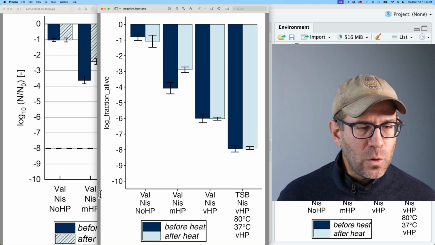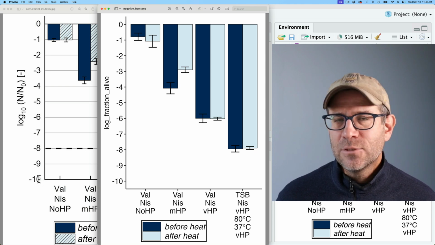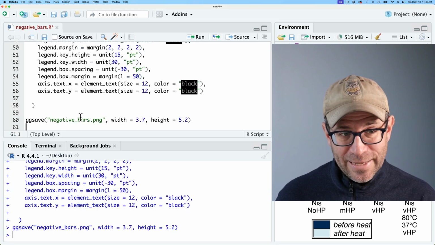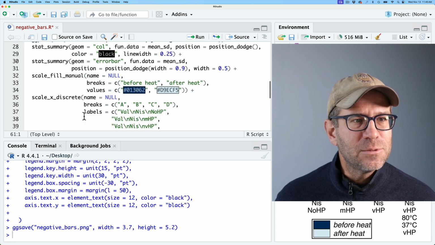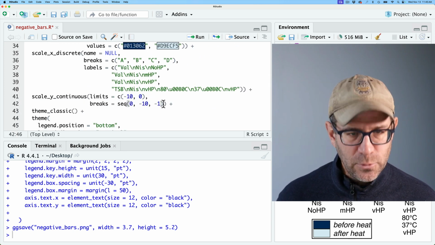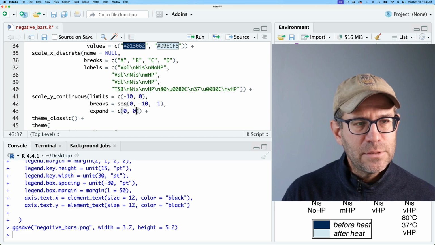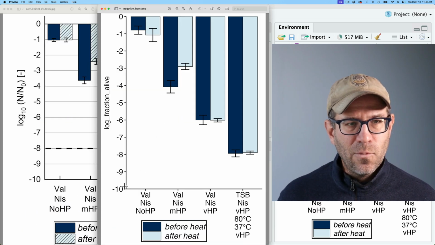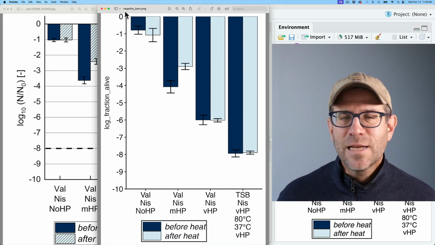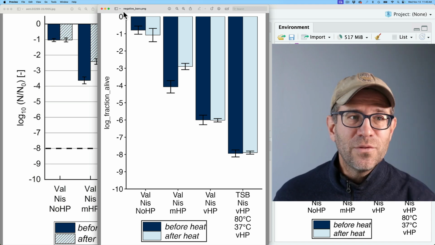So that looks pretty good. One thing I'm noticing is that their 10 is right at the bottom, and we can get that by using the expand argument in scale_y_continuous. So we can do expand equals c(0, 0). That puts our 10 right at the bottom, but it also doesn't have a line going above the 0.